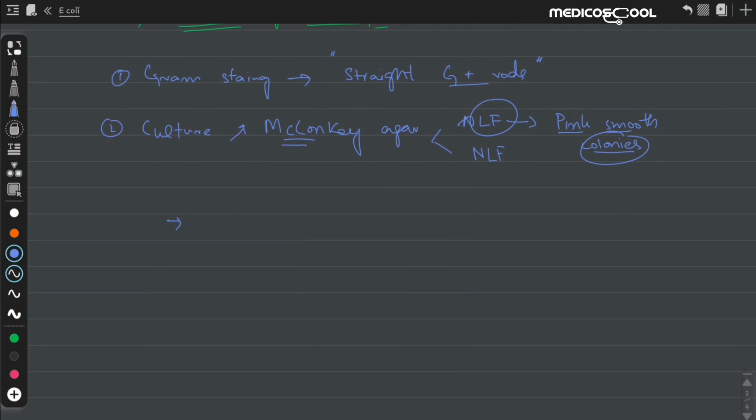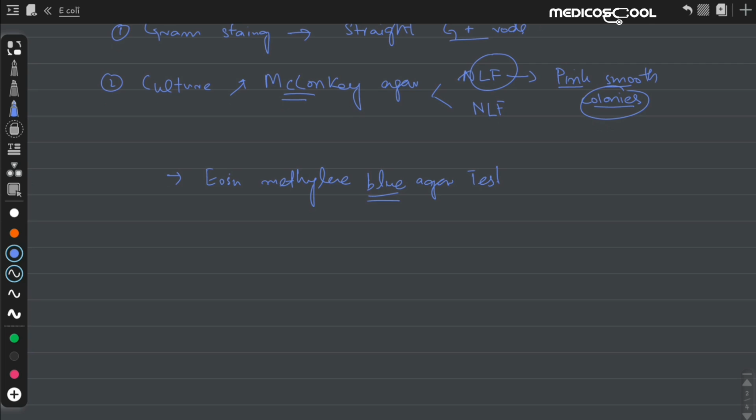So in order to differentiate Escherichia coli from the other bacteria, we will do some other tests. The first differentiating test is the eosin methylene blue agar test. We will use eosin methylene blue agar, and on this we will find small flat colonies having a green metallic sheen.